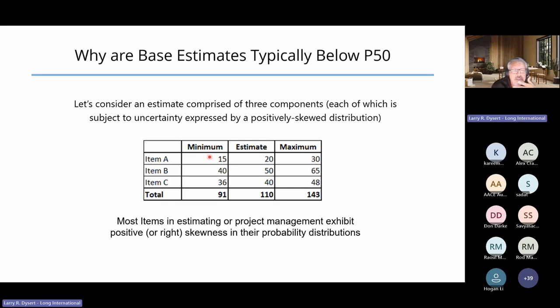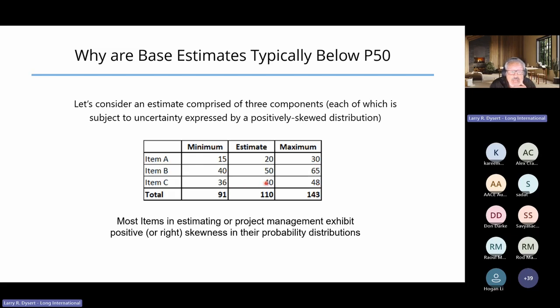But the minimum, we don't think it'll go below 15. We don't think it'll go higher than 30. For item B, our most likely value is 50. We don't think it will go below 40. We don't think it will go above 65. For item C, most likely value of 40. Don't think it'll go below 36. We don't think it'll go above 48.